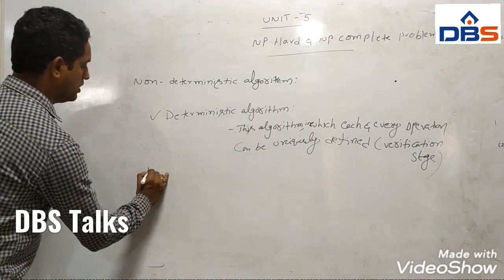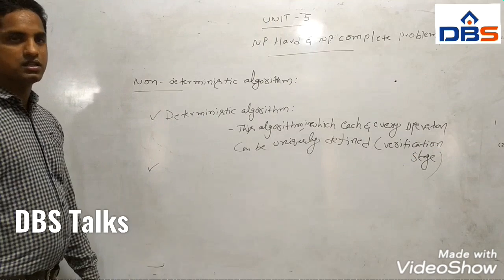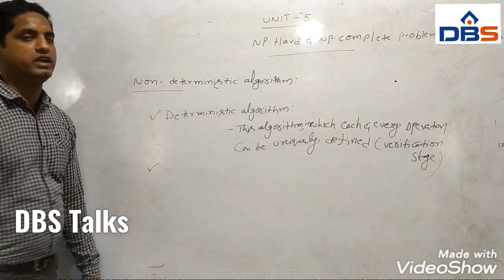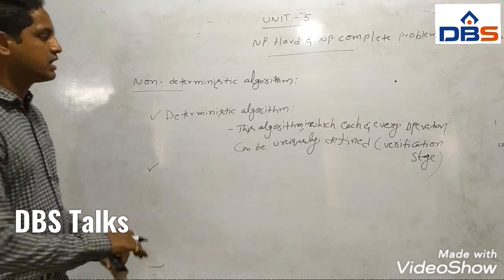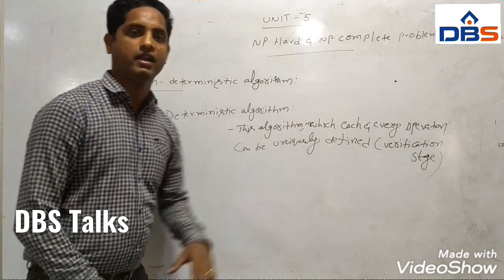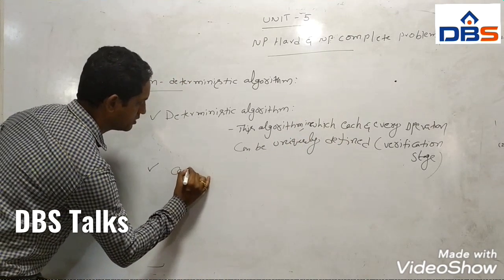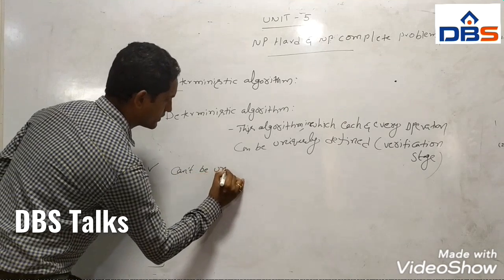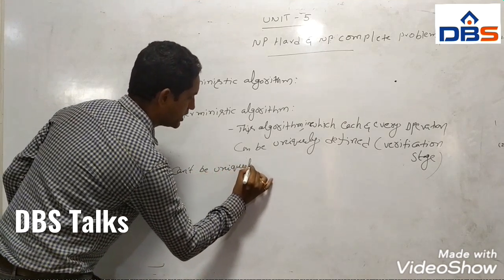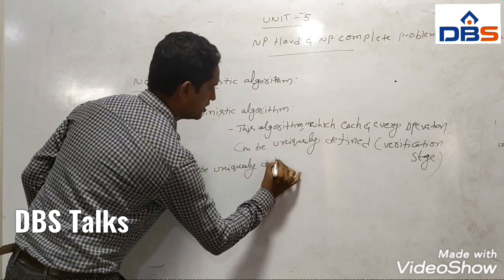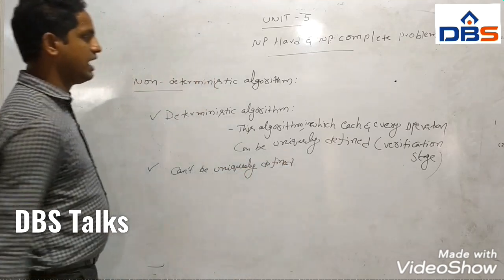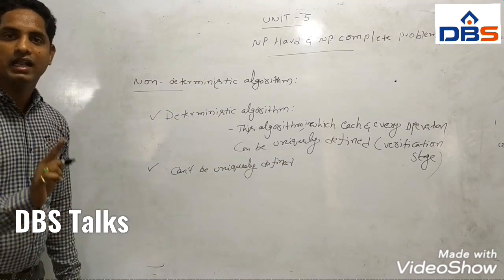And the second one, what is meant by non-deterministic algorithm? In this algorithm, each and every operation cannot be uniquely defined. That is called a non-deterministic algorithm.